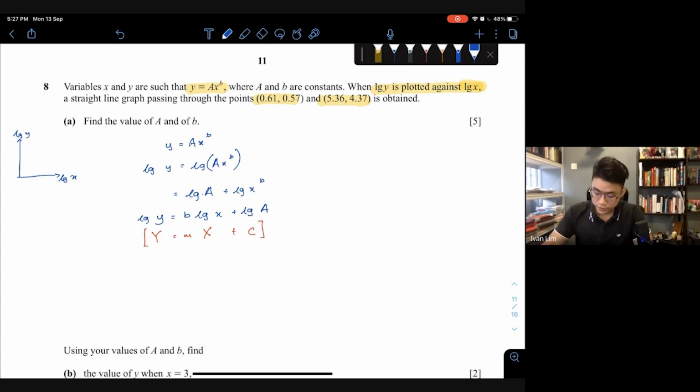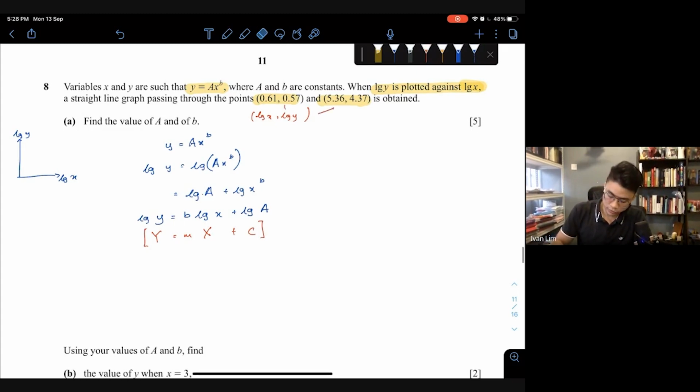With this, they want us to find the value of a and of b. They gave us 2 points, so we can just sub them in. They gave us 2 log x and log y points, the coordinates (0.61, 0.57) and (5.36, 4.37). You're going to know this is not x and y, this is log x and log y, for both here and here.